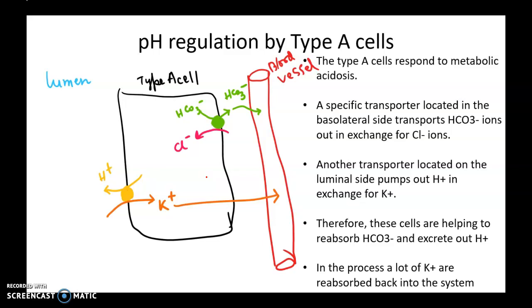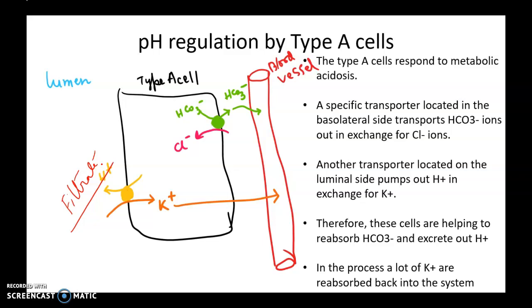So chloride comes in, bicarbonate goes into the blood. Another transporter shown in yellow pumps out hydrogen into the lumen in exchange for potassium. So hydrogen is pumped into the lumen, meaning hydrogen will go to the filtrate, and we will just get rid of the hydrogen ions.